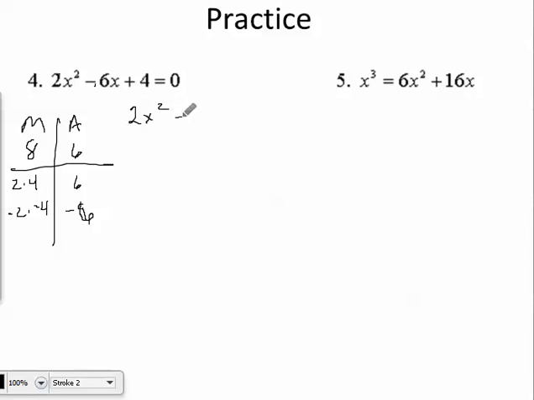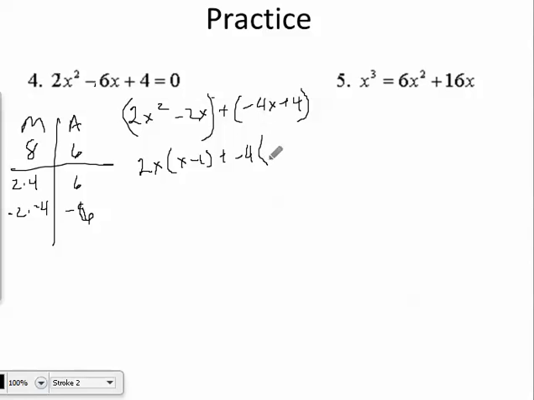Okay? Well, that means I'm going to have 2x squared minus 2x plus, parentheses, around here, I'm going to have minus 4x plus 4. Alright? Well, I pull out the 2x here, and that'll leave me with an x minus 1. And I pull out the negative 4 here, and I'll get an x minus 1.